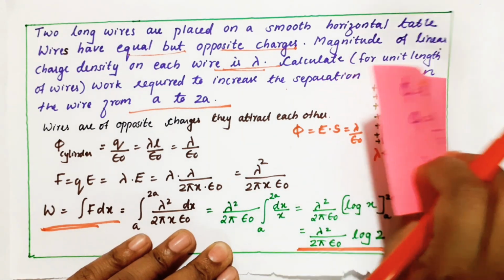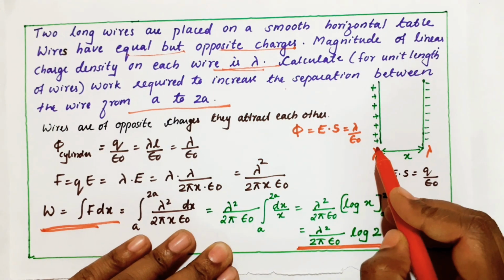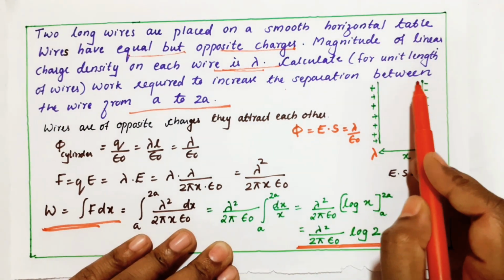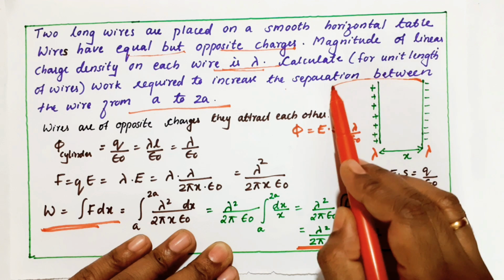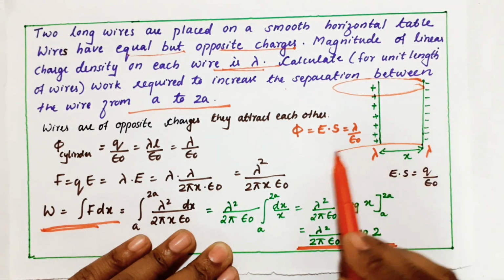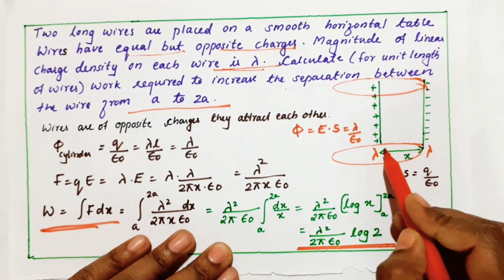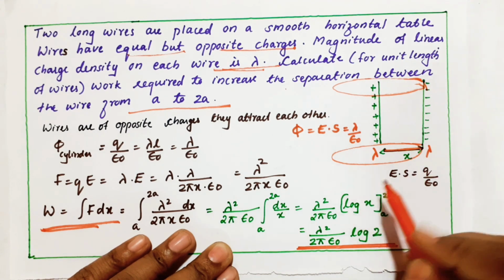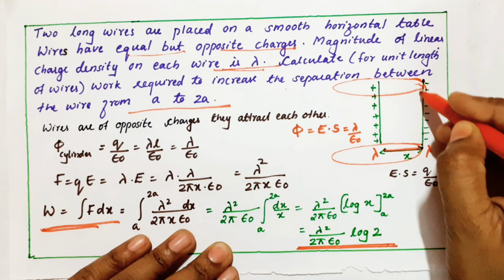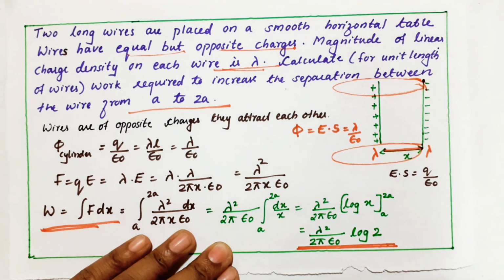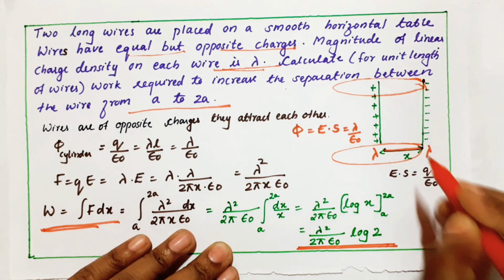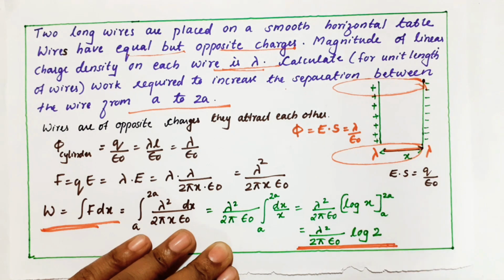With respect to this wire, I'm assuming a cylindrical region like this. The second wire is at a distance x from the first wire. I'm going to find the electric field at this region first, because my second wire is placed in the electric field produced due to the first wire.